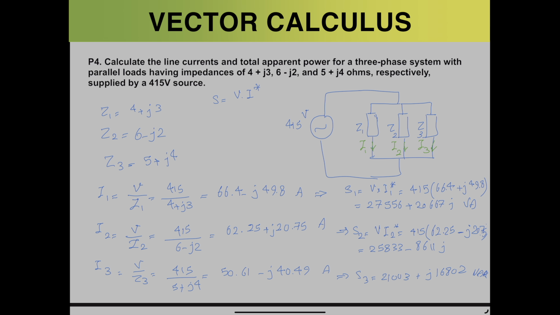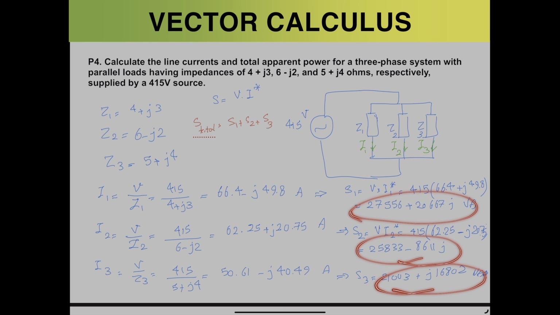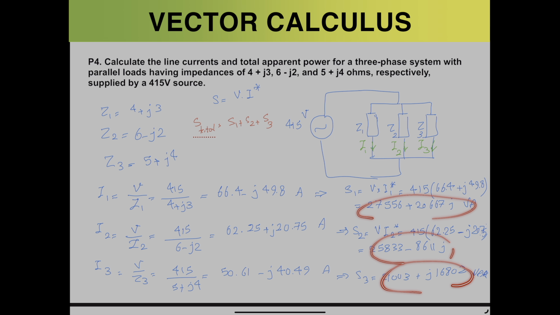So these are the apparent three-phase powers, and the total S total is simply S1 plus S2 plus S3. So essentially, we have three complex numbers, as you can see here, S1, S2, and S3, and they are all in rectangular form, and they can be easily summed up with each other, and that's how you would get to the total S of this circuit.